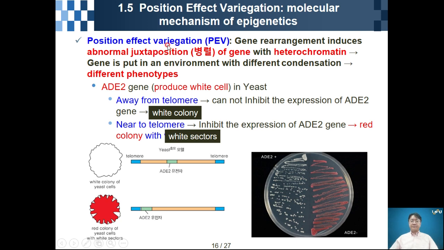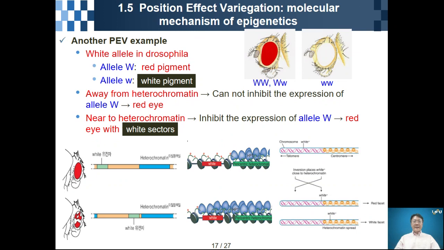Okay. So in this slide, I will explain another PEV example. We can see this phenomenon in the white allele in Drosophila. So in Drosophila, there is a white gene. For example, for this gene, there are two alleles. One is large W allele, the other is small w allele. And large W is dominant over small w.